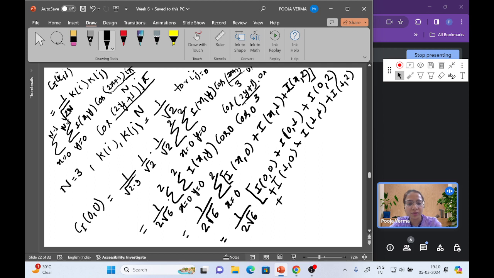Then again we need to put 2: I(2,0) plus I(2,1) plus I(2,2). So what is this? This is I00 plus I01 plus I02 plus I10 plus I11 plus I12 plus I20 plus I21 plus I22. This is nothing but the summation of all the components of that image matrix.